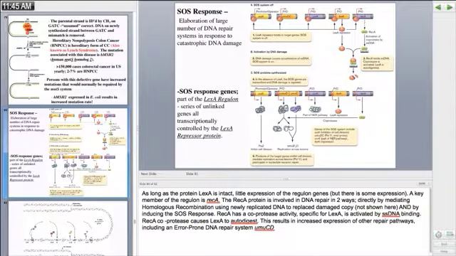But now, DNA damage occurs. So when DNA damage occurs, either by ultraviolet light or antibiotics that cause DNA damage, one of the ways that the bacteria senses that is that replication forks, the things that are trying to divide DNA, stall. So all of the enzymes necessary to replicate DNA can't get past DNA lesions, like thymine dimers.